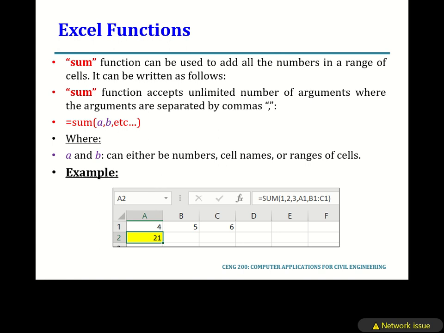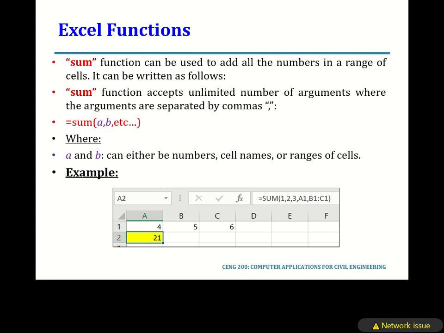One more thing: you can select one single cell or a range of cells if they are together. Selecting a range of cells applies in many functions, and sum is one of them.